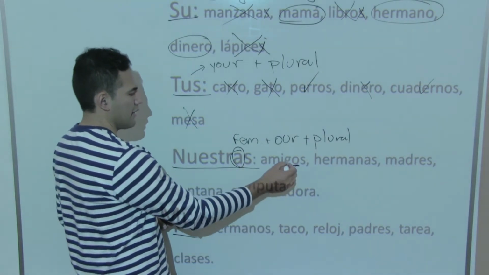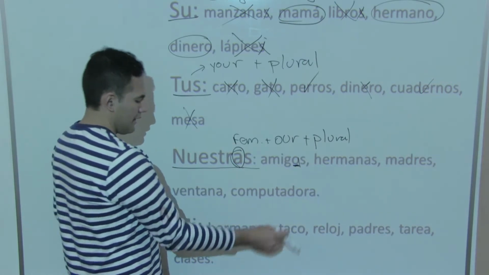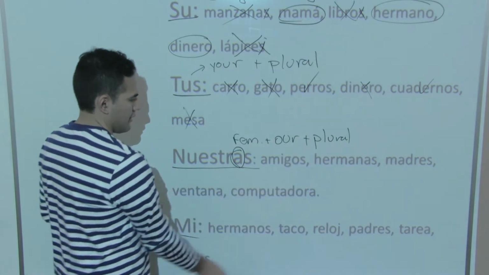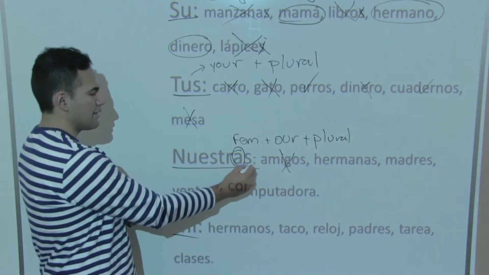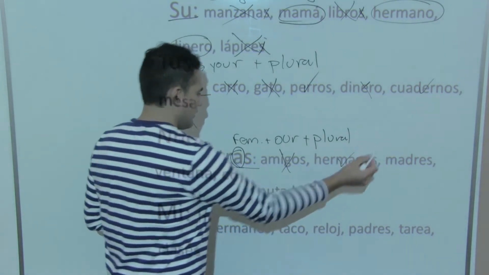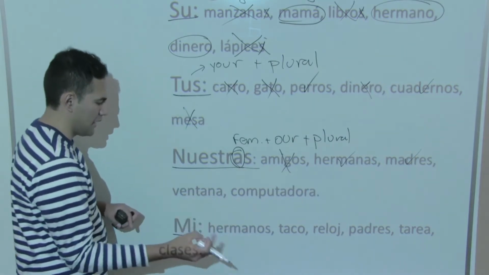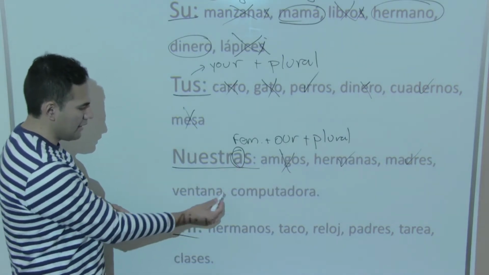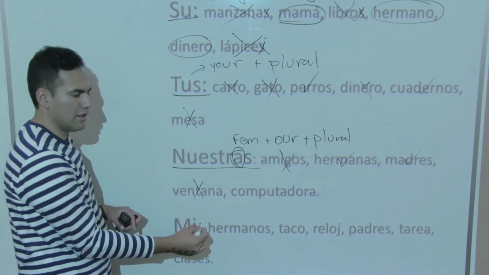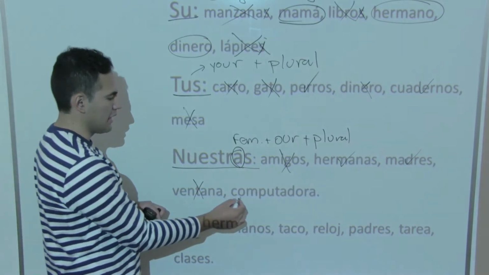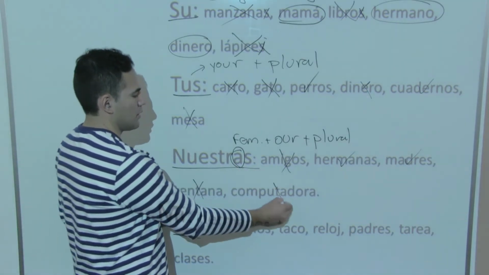If it was amigas, then it would work, but it doesn't. So no. Nuestras hermanas, yes. Nuestras madres, yes, because it's feminine and plural. Nuestras ventana, no, because it's not plural, sorry. Nuestras computadora, no.